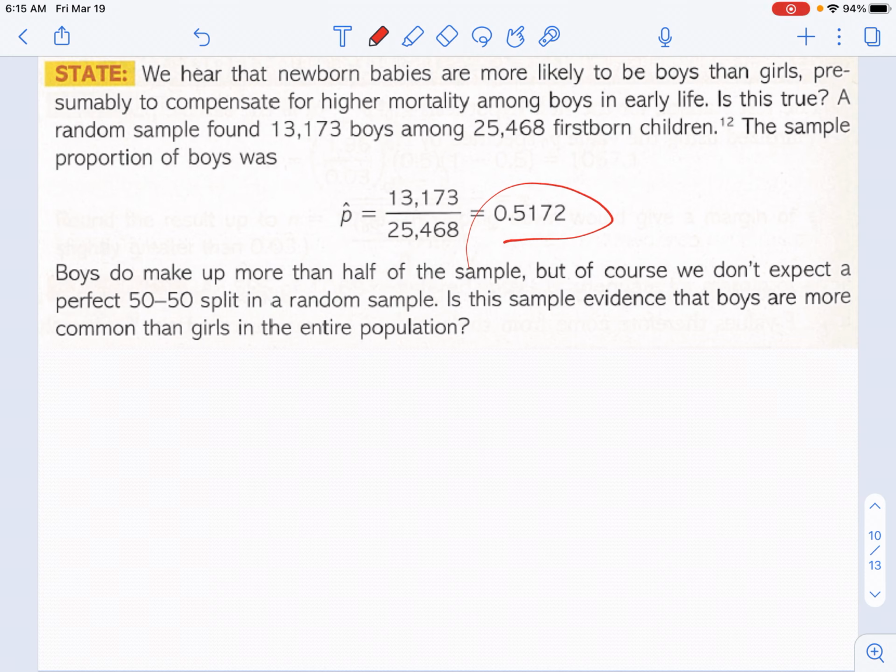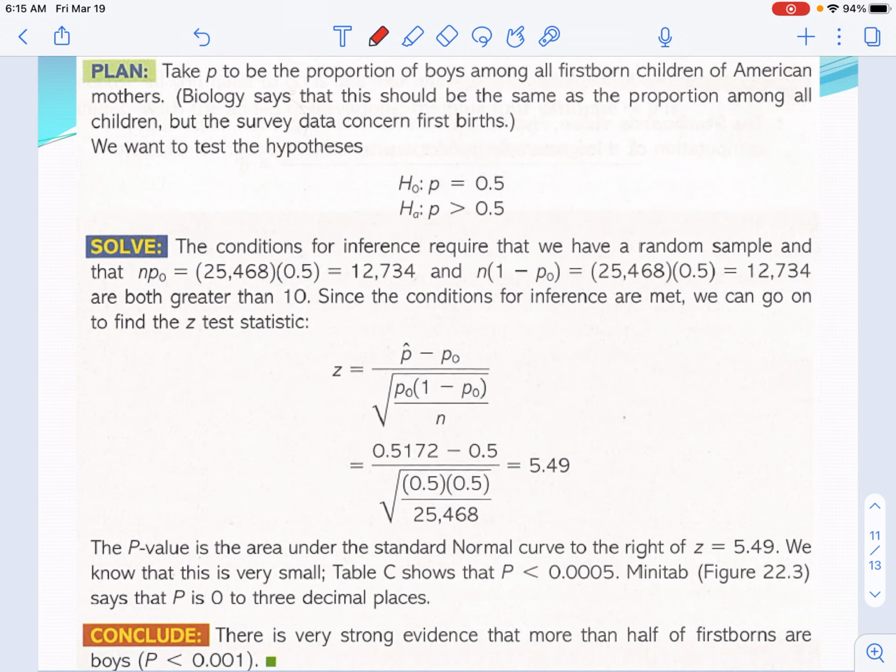Now we want to know if we really expected a 50-50 split. Is this convincing evidence, being almost 52% when we expected 50%, to say that yes, in fact, boys are more common than girls in the entire population? Well, our hypothesis here is that that proportion should be 50%, p equals 0.5. We suspect that it is bigger than that, so a one-sided alternative hypothesis, p is greater than 0.5.